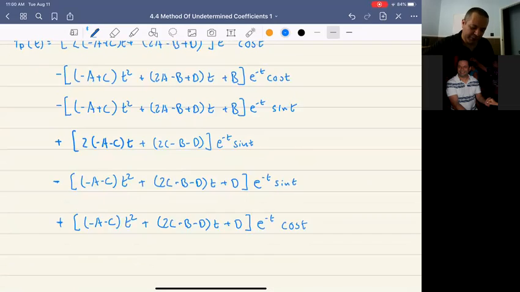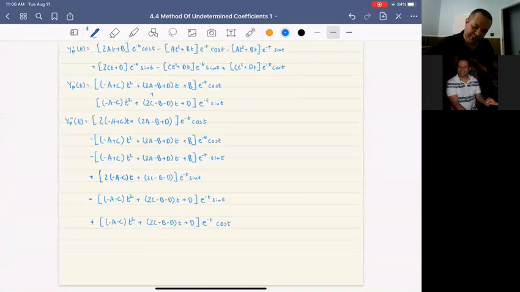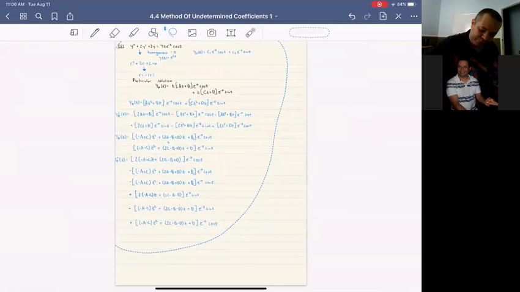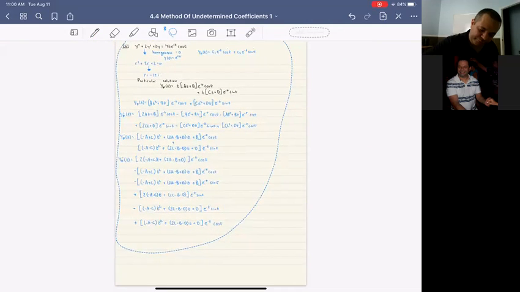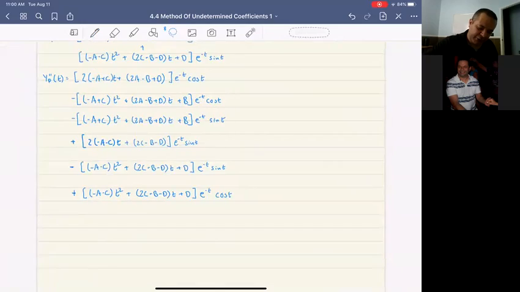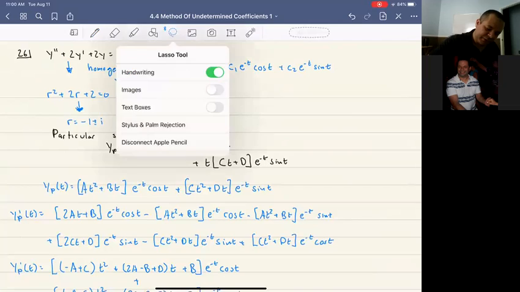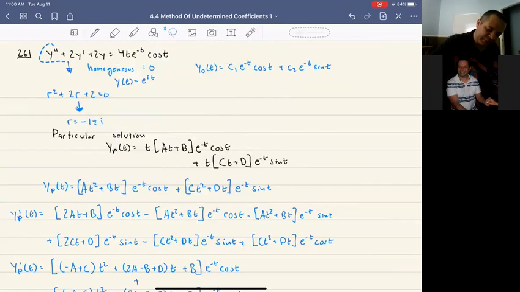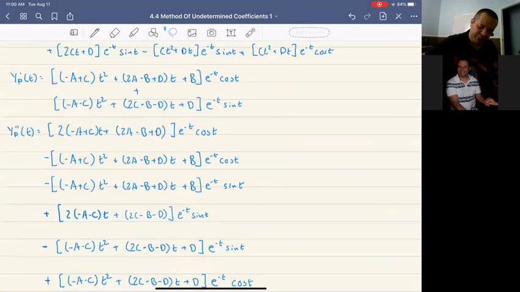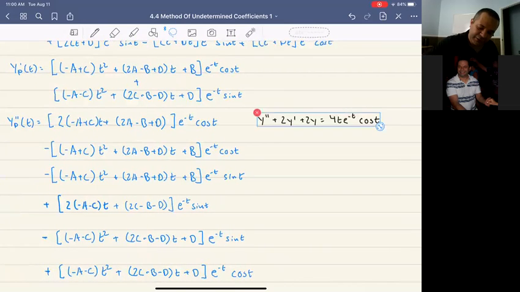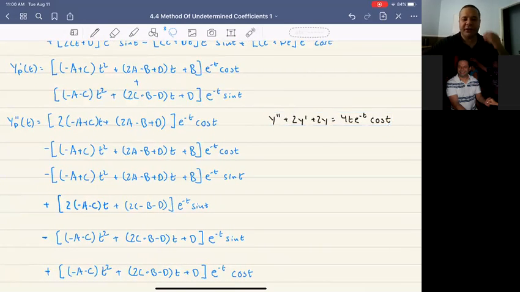Okay, so, let's see, I'm going to need to make space again. Okay, so we're going to look at, remember, this is what we're trying to solve. Let me write that down over here somewhere so I can have it. That's what we're trying to solve.